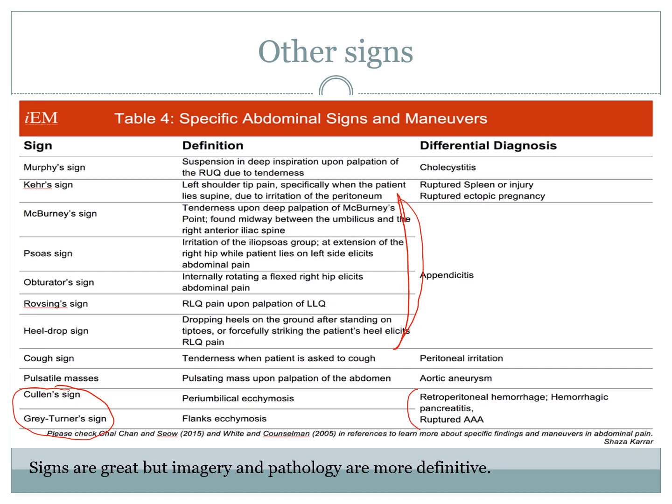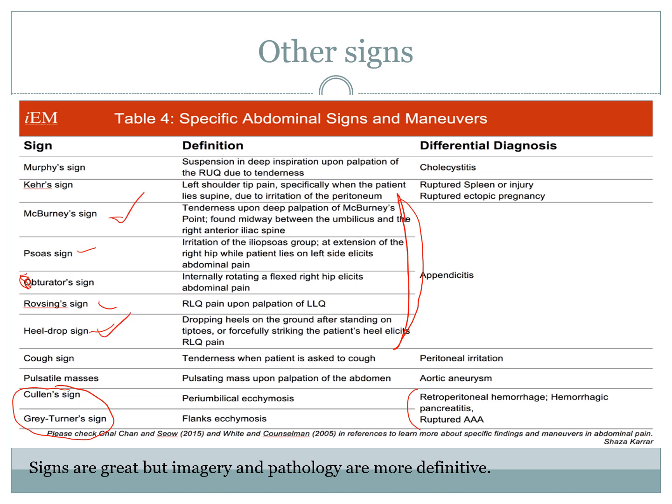Whatever one you choose, it's often good to have a primary one that you're going to find anyway as part of the examination, like your Rovsing or McBurney, and then a more sensitive one like your psoas versus your drop test, in order to have those double positives, more leaning to appendicitis before moving them on.